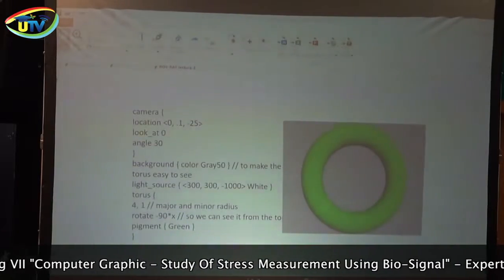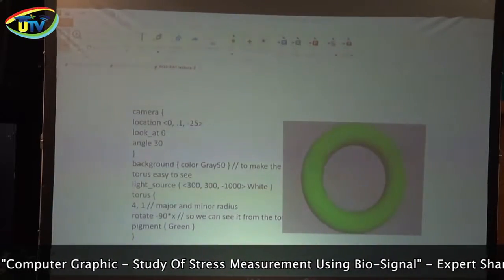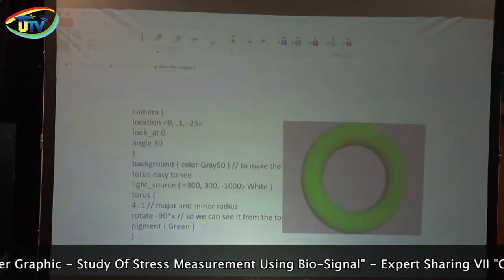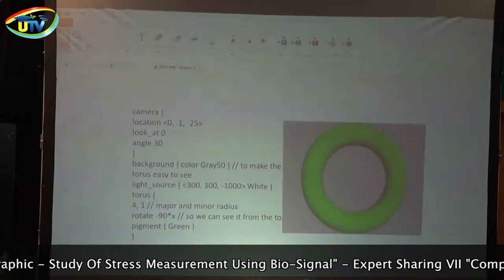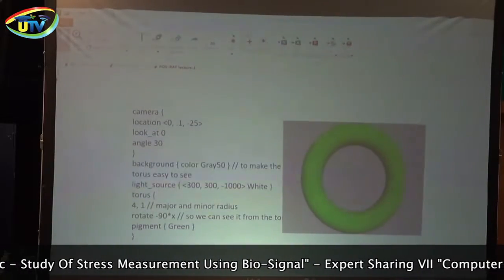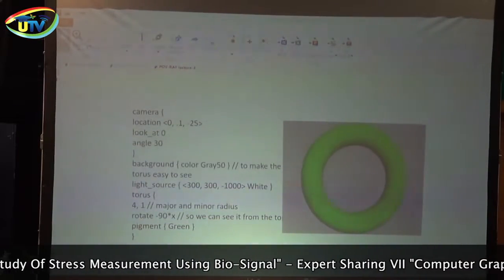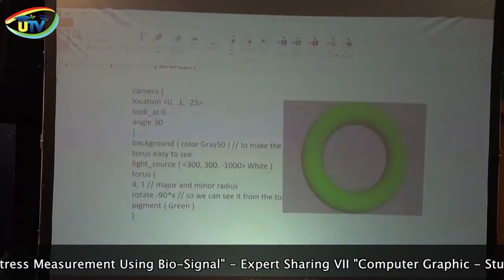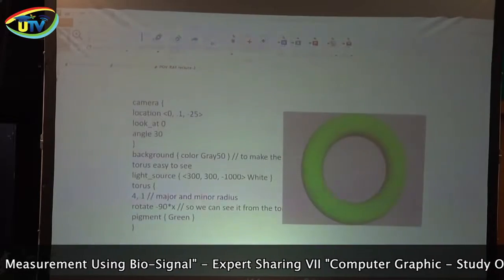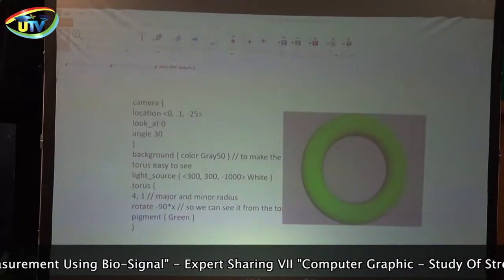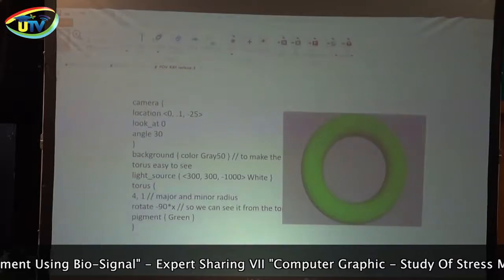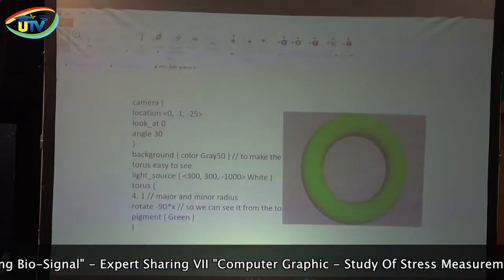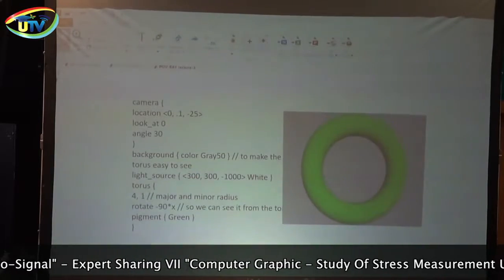Okay, so please try to make the object according to my PDF text, please try to make a box and cone and cylinder and plane and torus. Please make by yourself. Please try.